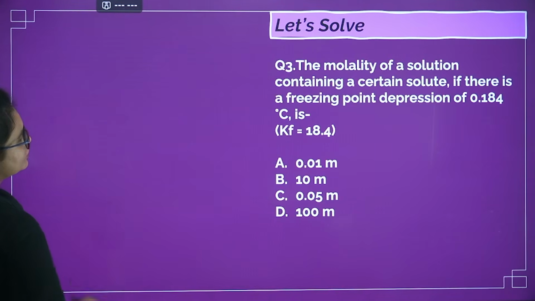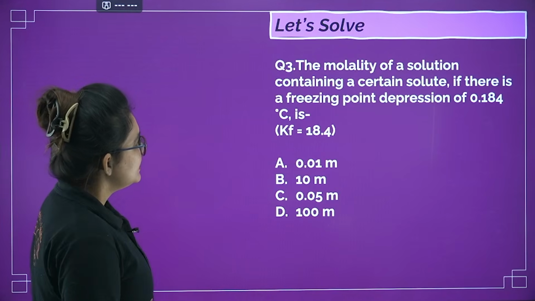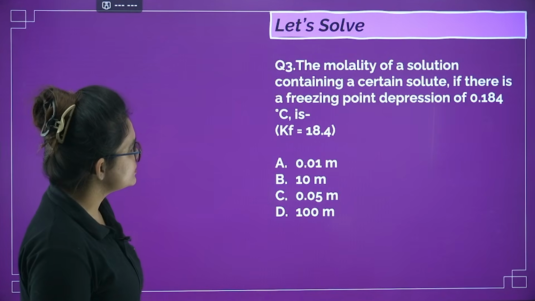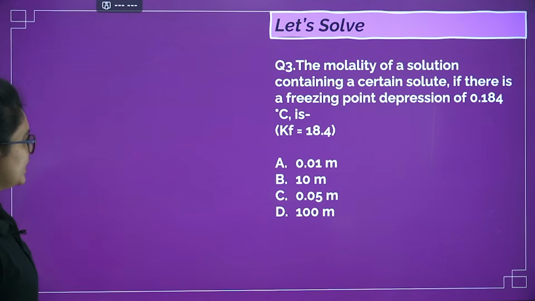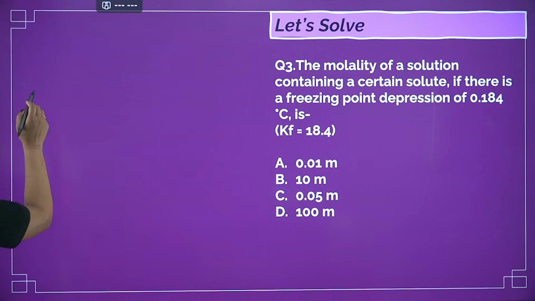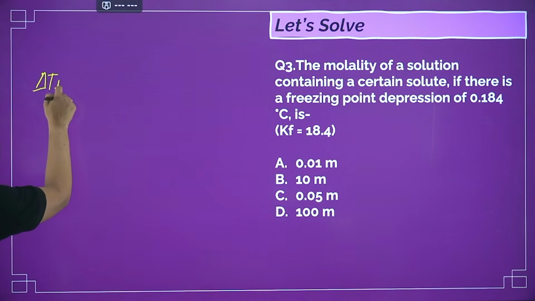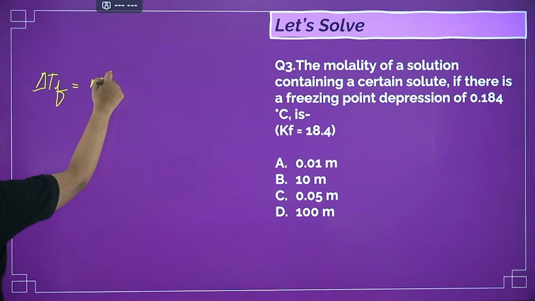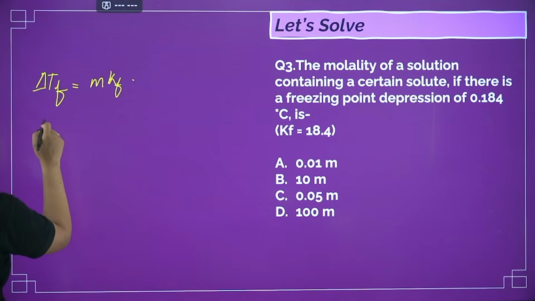Same thing we can do here as well. Find the molality of a solution containing a certain solute, if the freezing point depression is 0.184 degrees Celsius. Okay, it's going to be even easier. Delta Tf is basically m into Kf. From here I can simply calculate m. They only asked for m, right?